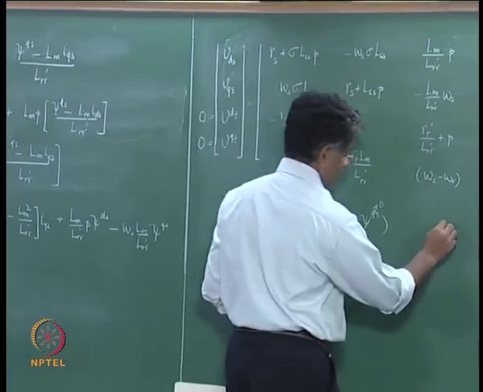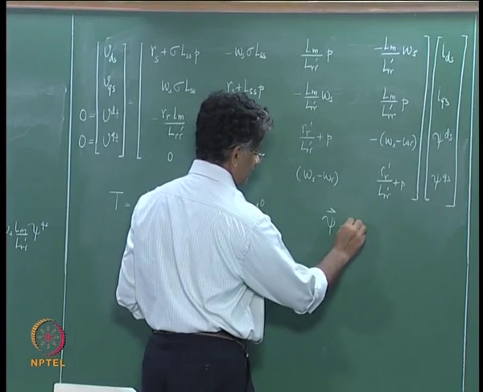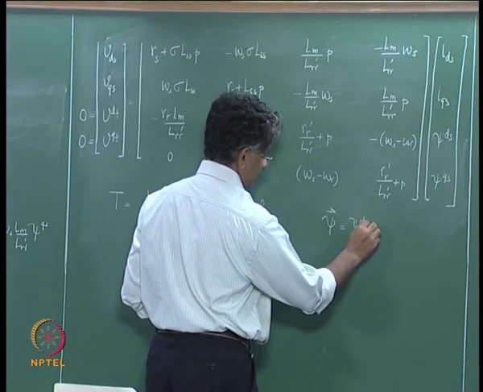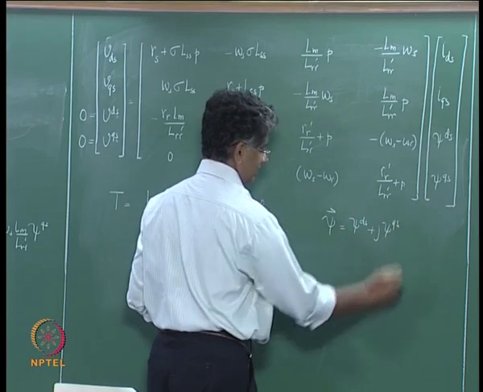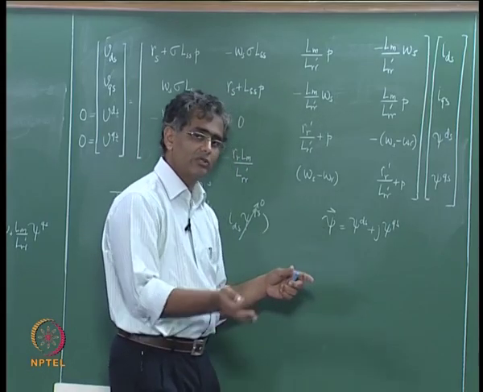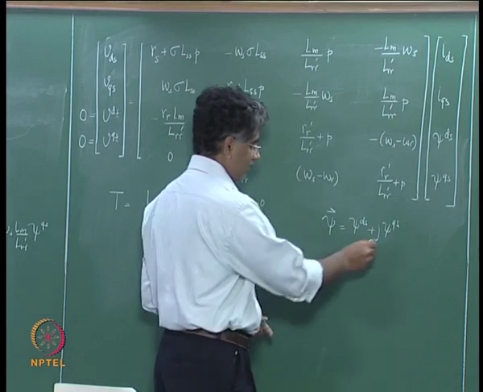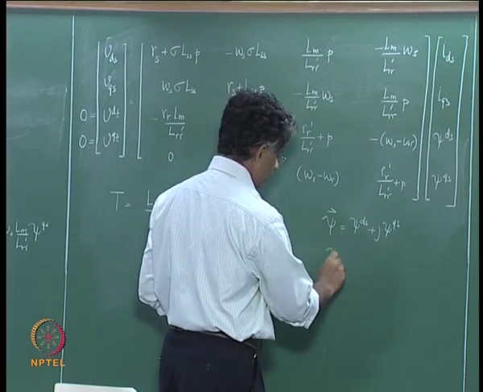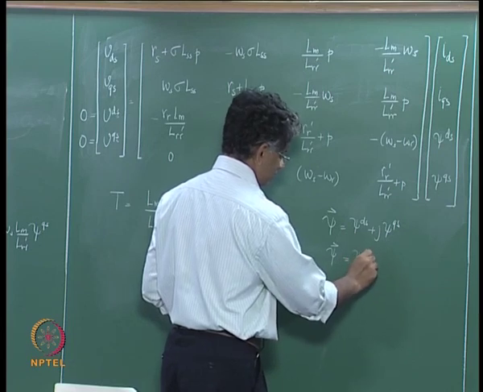In other words, one could write the space phasor psi as being composed of psi ds plus j times psi qs, and if the reference frame is so aligned to be along the space vector psi itself, then psi qs becomes 0, and therefore this psi is just equal to psi ds.